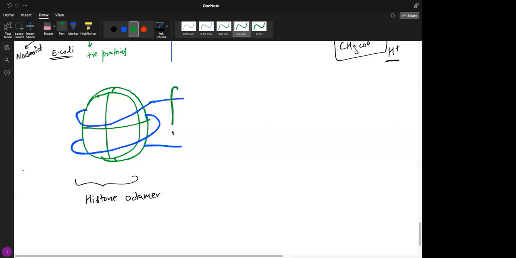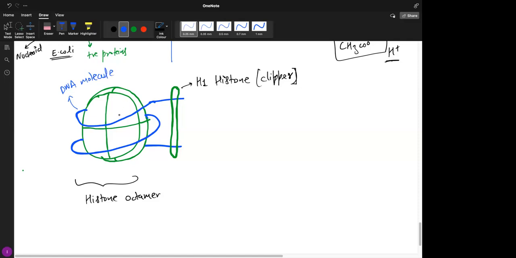And at this point there is another molecule, again another histone. So this is the histone octamer, and this is called H1 histone. This is like a clipper. It clips both the ends of the DNA. And this is your DNA molecule. Is it clear?